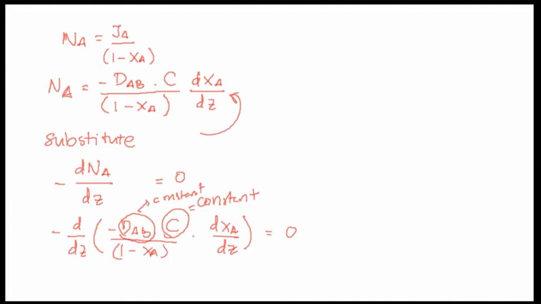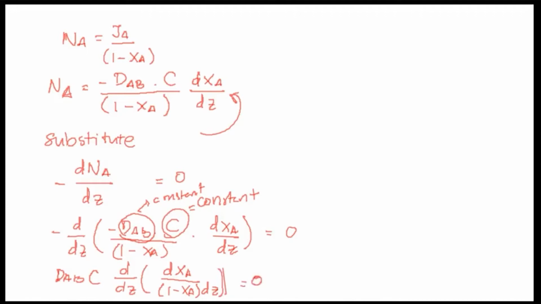So now I have D_AB C d/dz of (dxA over 1 minus xA)/dz equal to 0.